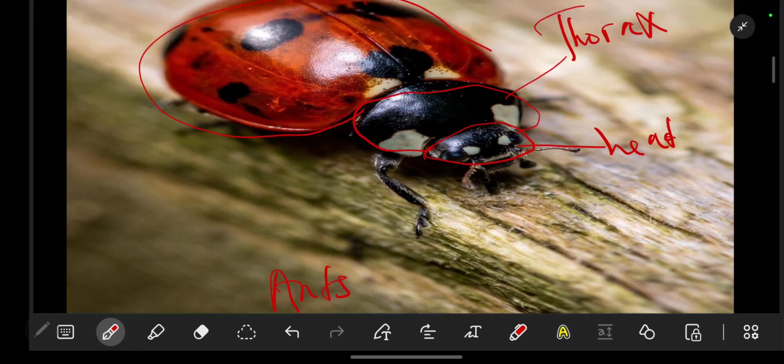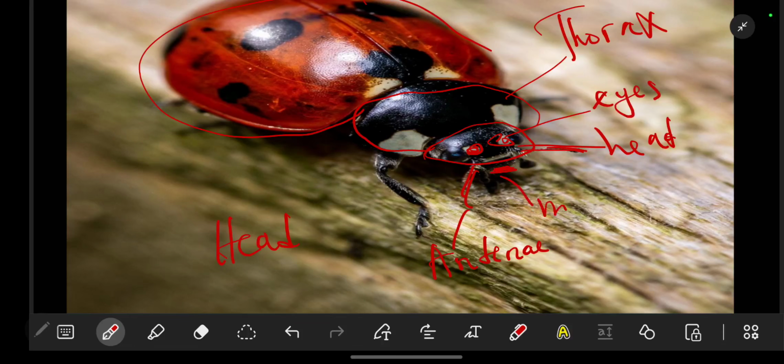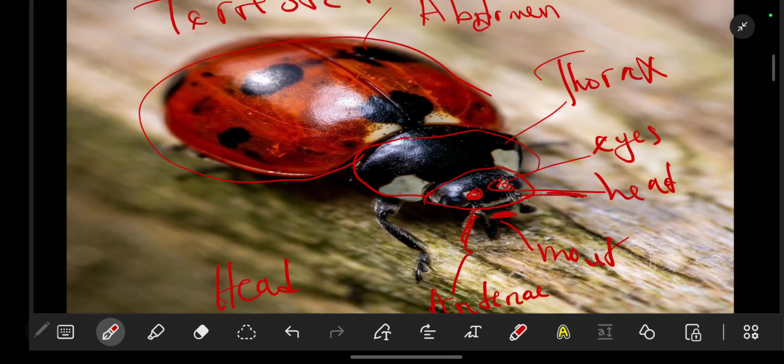Now the head of insects is made up of the antennas, which are these structures, the eyes, and the mouth part, which is used for chewing. So the head is made up of the antennas, the eyes, and the mouth. So this is the head region.